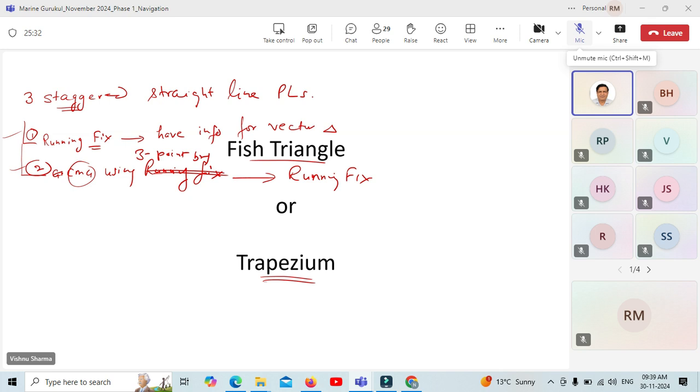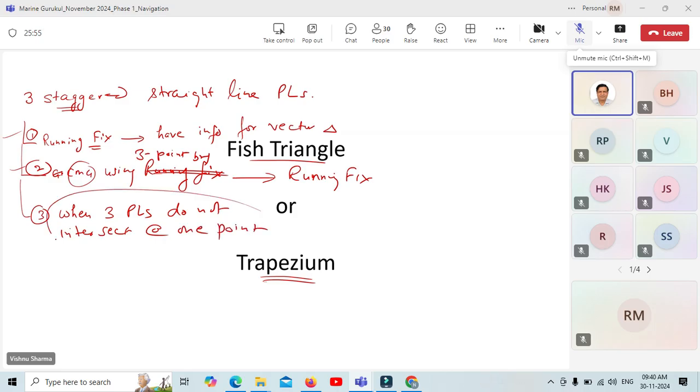Now, if you are not able to use 3-point bearing also, when will that be? When all three PLs do not intersect at one point. In that case, even 3-point bearing will let you down.